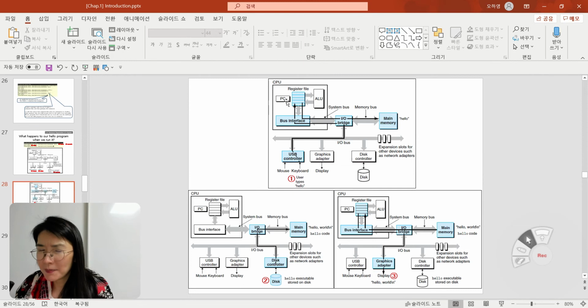And the PC is the abbreviation of the program counter. We will talk about the detailed information maybe in chapters 5 and 6, so don't worry about it, all right?